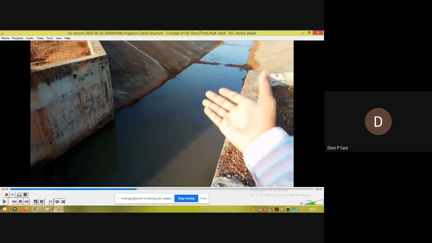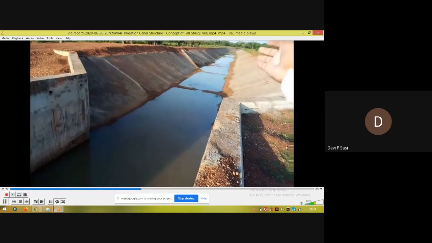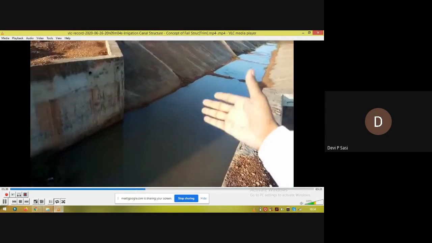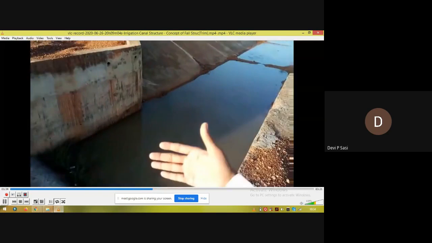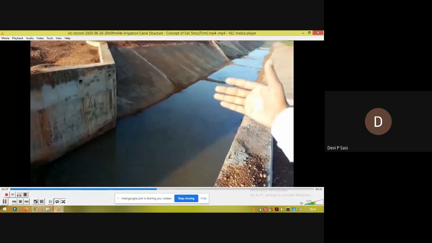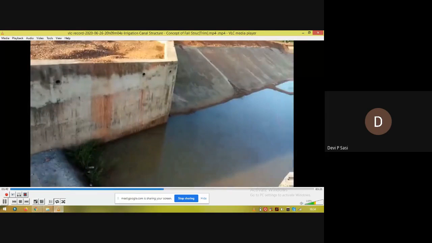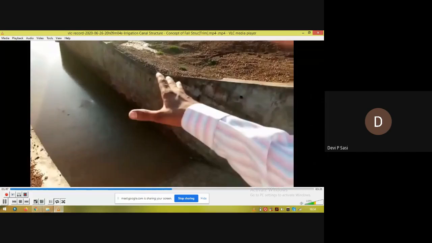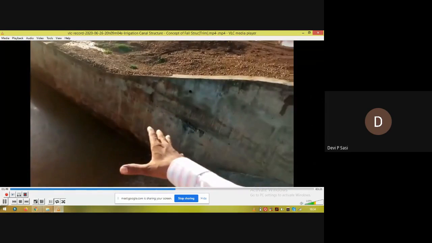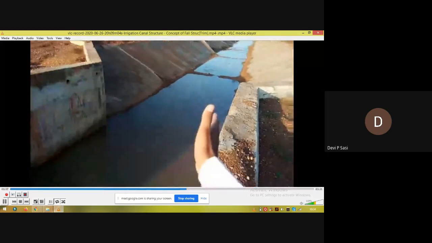And this is the upstream approach, and these are the upstream wing walls. From the video, you can get just an idea about the canal falls. That is what I hope.